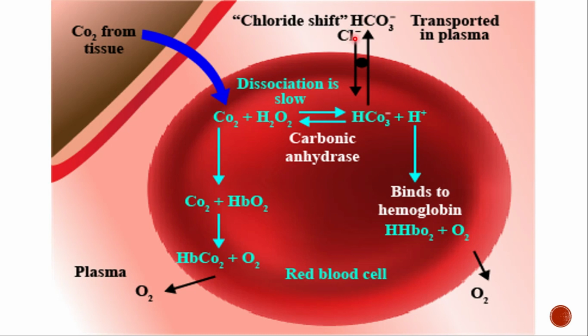As a result, in order to balance the change in charge and the ion change, a chloride ion moves in. This is known as chloride shift. It means that this process is balanced by diffusion of chloride ions in the opposite direction to the HCO3, maintaining the balance of negative and positive ions either side. This is called chloride shift.